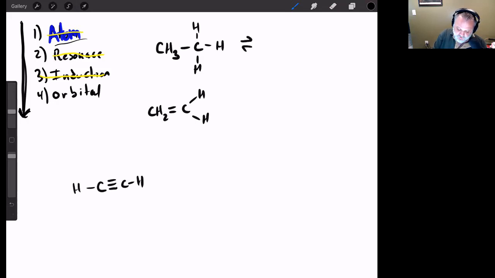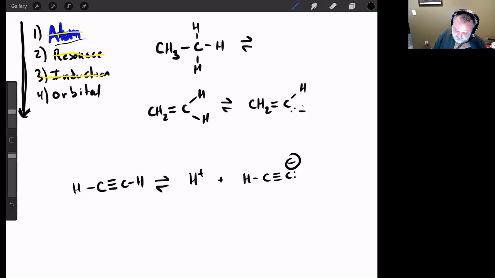If I were to think about all of the conjugate bases, then I'm left with the negative charge on a carbon atom in all cases.